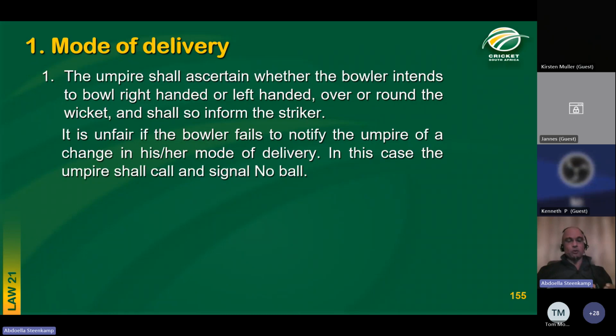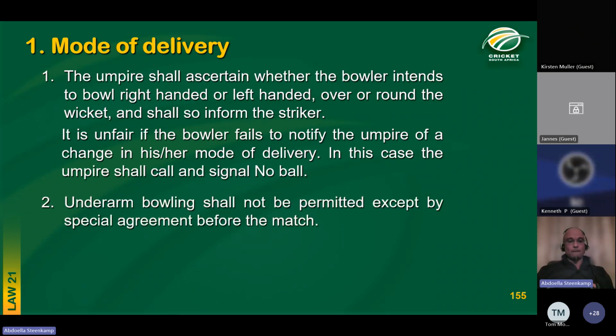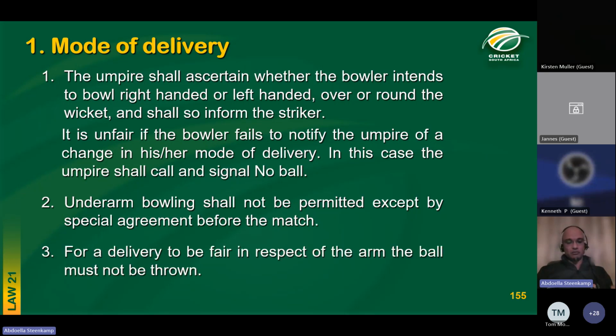If the bowler informs you that he or she is bowling with the right hand and then suddenly bowls a ball with the left hand without informing you, you need to call and signal no ball. Underarm bowling, also in the laws, is not permitted unless by special agreement before the game.